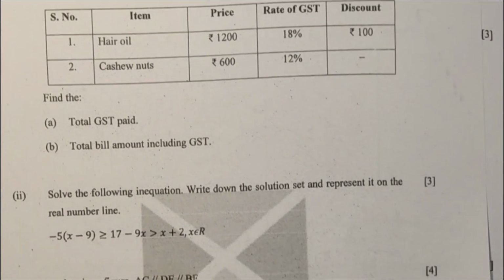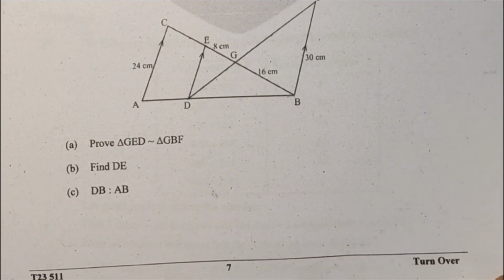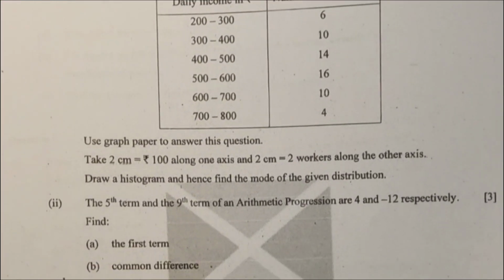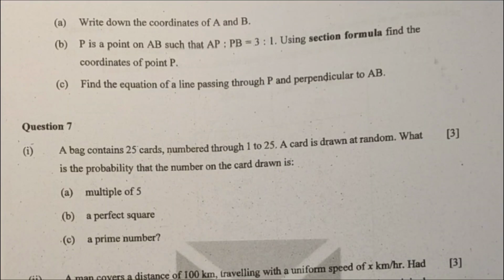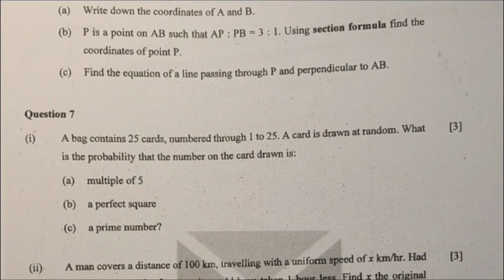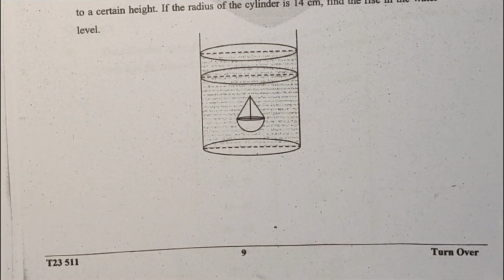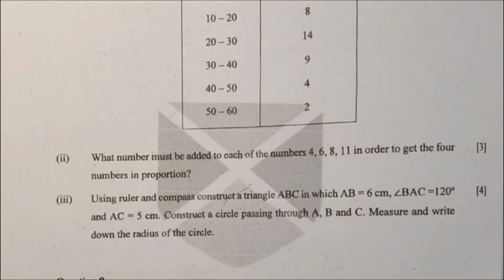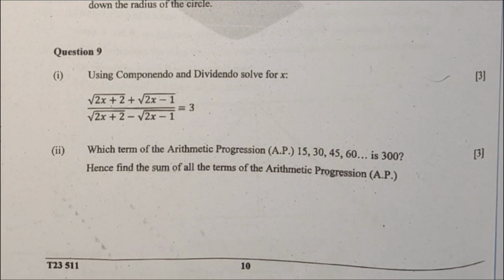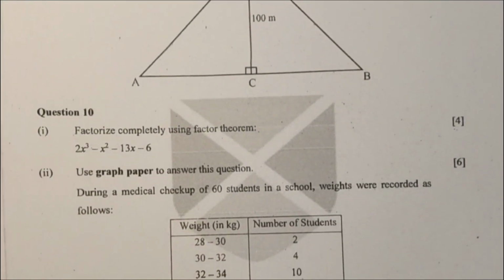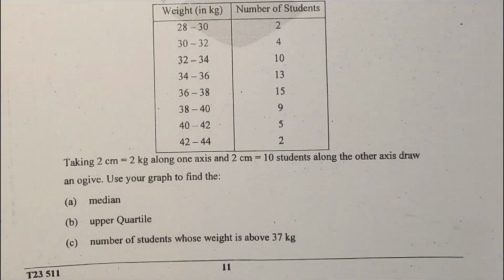Just take a look at the whole question paper, then we will discuss the whole paper. Question number 6, first, second, third subpart. Question number 6, third subpart, and 7 all the 3 subparts are here. This is question number 8. Question number 10, 2 subparts, and this is the end of the paper.